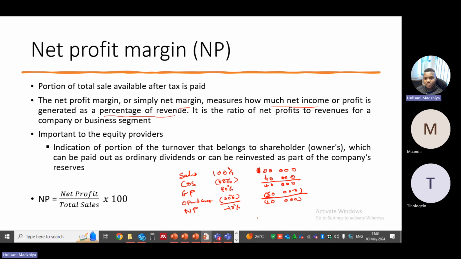This is where you receive a negative in terms of the calculations. So when you calculate your net profit over total sales, it will be 10 out of 100, which gives you negative 10%, because this is negative. So it's 10,000, which is negative, over 100,000, which is your sales.